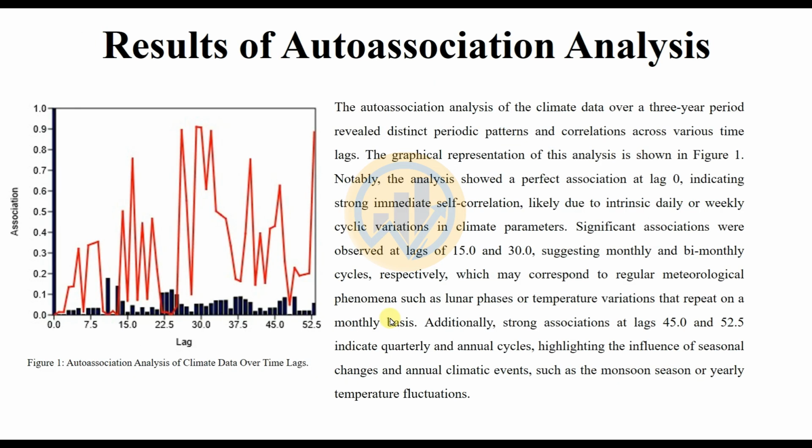Next is the results section of the autocorrelation analysis. The autocorrelation analysis of the climatic data over a 3-year period revealed distinct periodic patterns and correlations across various time lags.